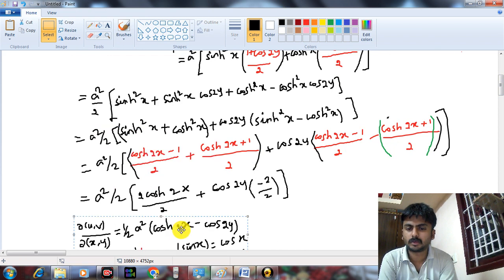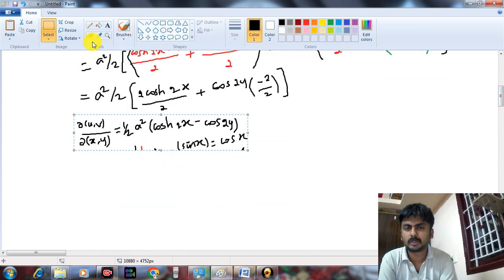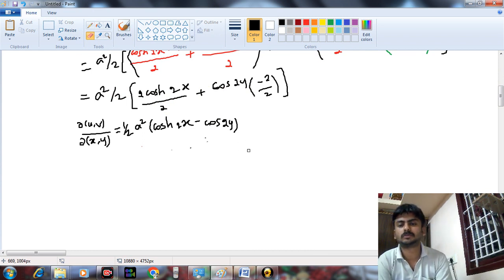Okay, yes, we have proved this result. I hope you all understood the problem. So finally we get a square into cos h 2x minus cos 2y.